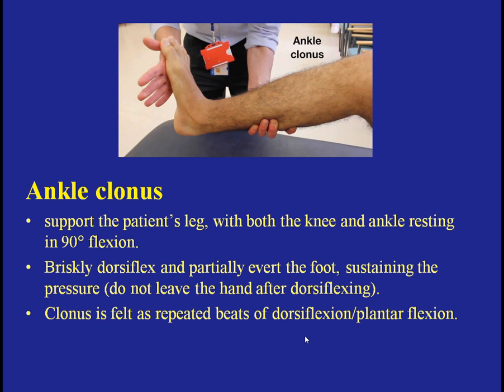Ankle clonus. Support the patient's leg with both the knee and ankle resting in 90-degree flexion. Briskly dorsiflex and partially evert the foot, sustaining the pressure. Do not leave the hand after dorsiflexing. Clonus is felt as repeated beats of dorsiflexion or plantar flexion.